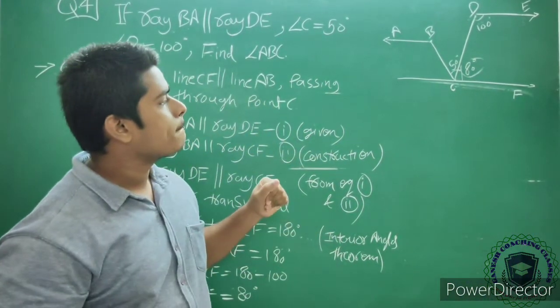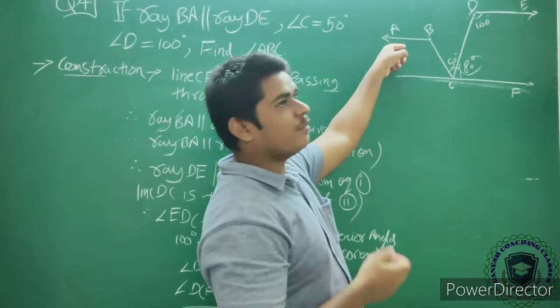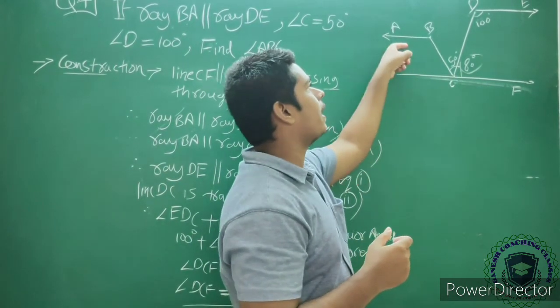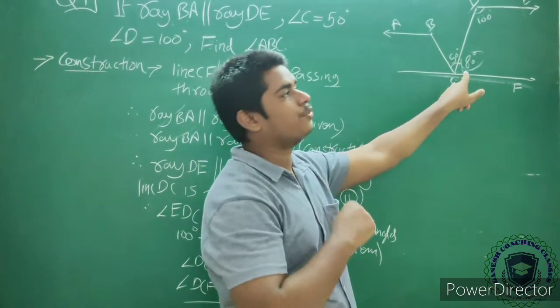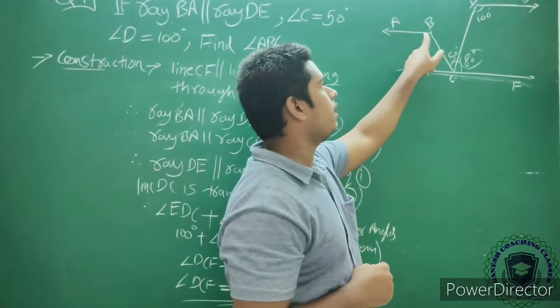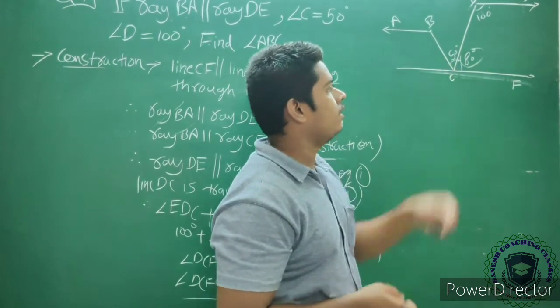Okay, so now here we constructed that CF is parallel to AB, and BC is acting as a transversal, so we can conclude that ABC is equal to BCF.